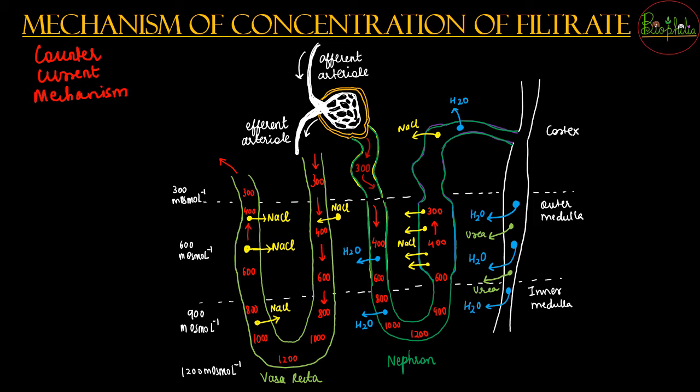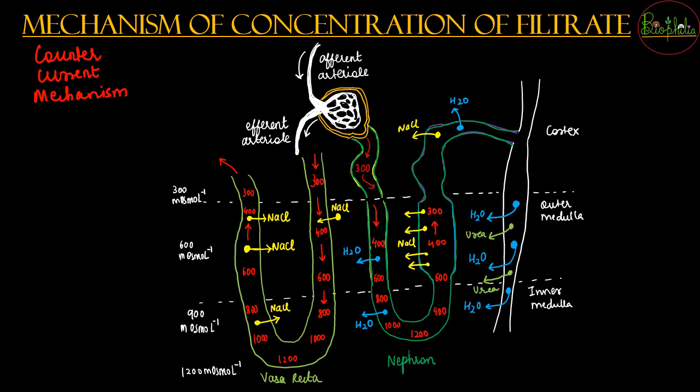Let us understand over here. So counter current mechanism, descending limb is water impermeable, whereas ascending limb is going to be water permeable. And now what is that? The difference of counter current mechanism that helps in concentration. So यहाँ पे सबसे पहले pathway जान लेते हैं what is going to exactly happen in these nephrons.